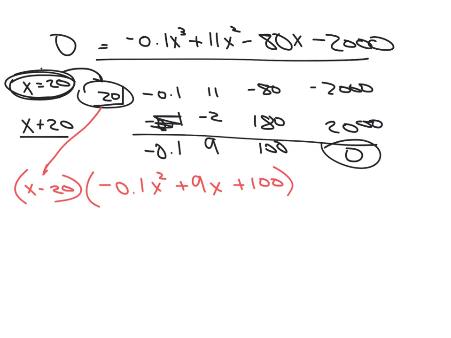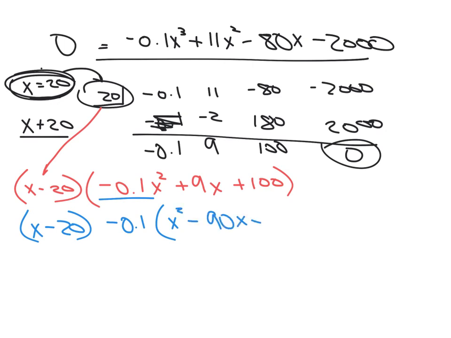All right, what I'm going to do now is take out that negative 0.1. I don't like the decimal there. It makes it real difficult then to multiply. So I'm going to take that out, and that leaves me with an x squared minus 90x minus 1,000.